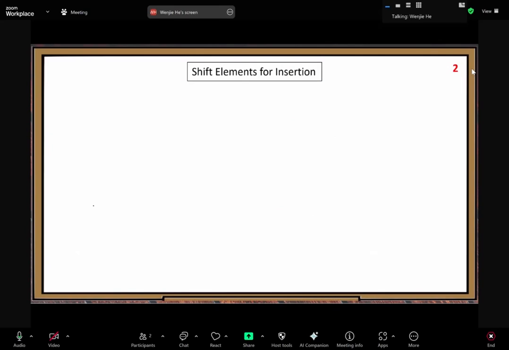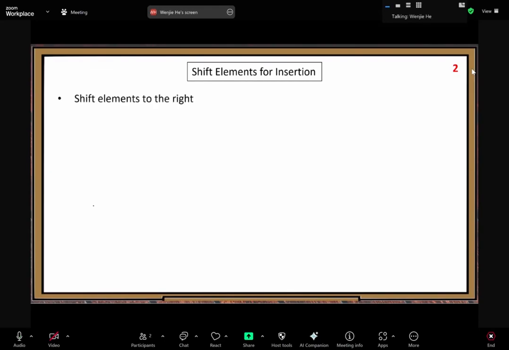Let us use a diagram to help us understand the details of this insertion operation. Shift elements for insertion. So we need to really figure out all the details when we implement this insertion operation.